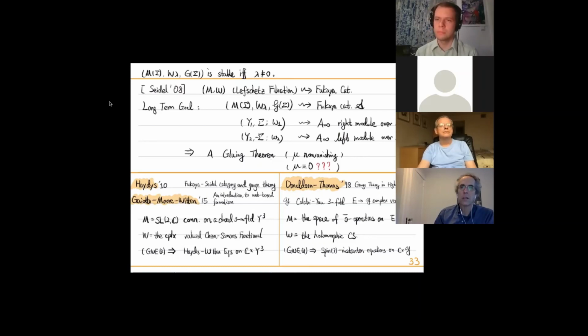I have a slightly more out there question, but do you think there is a more geometric picture of what this A infinity action should be in this setting?